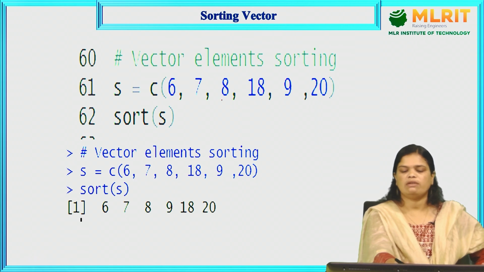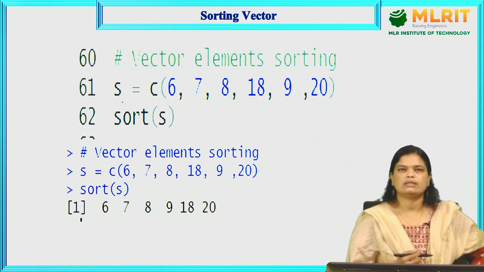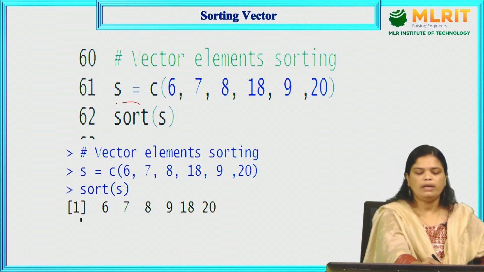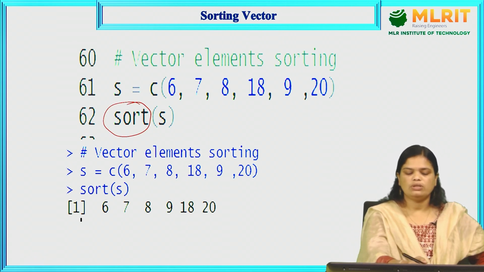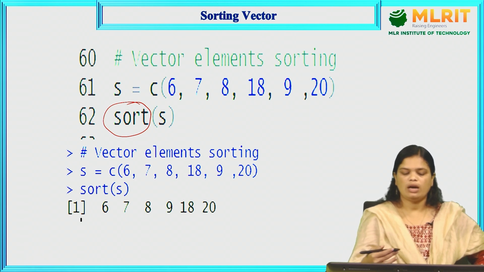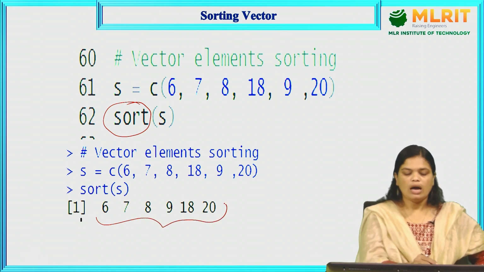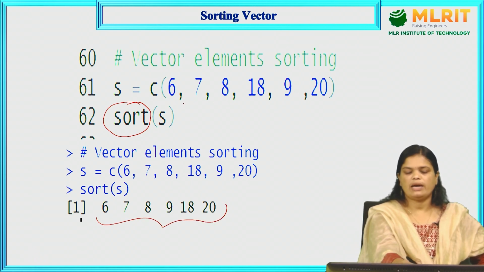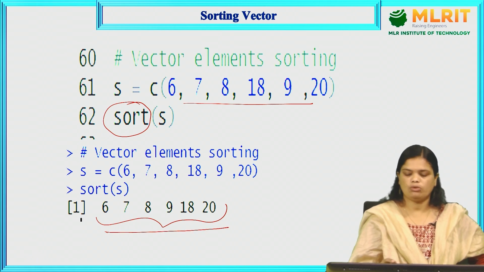I have 6, 7, 8, 18, 9 and 20 stored in S. Now, I am applying a sort function. The sort function will arrange the values in ascending order. Observe the output here. This is the actual vector, and once you execute the sort function, I will get the output like this.